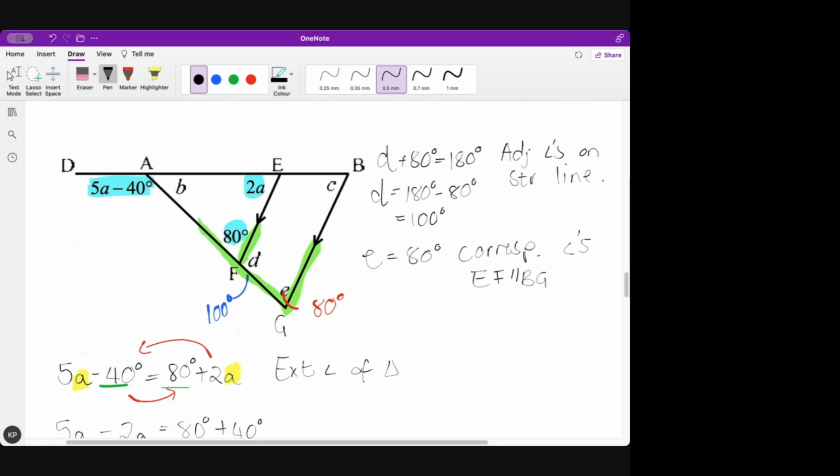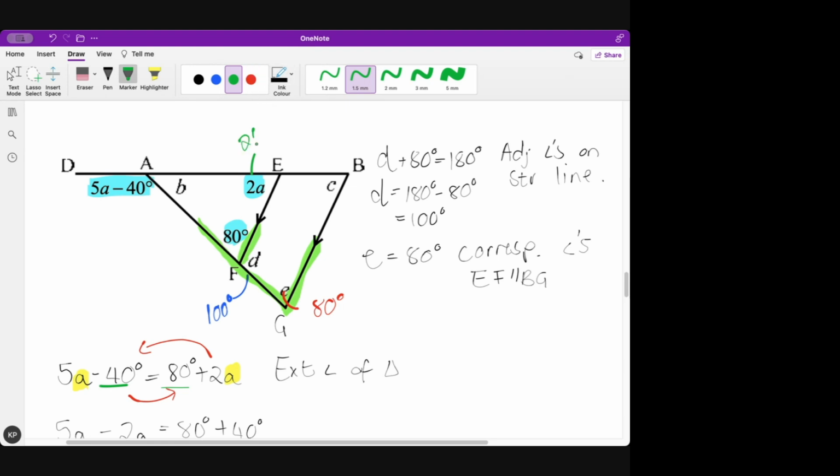But 40 degrees is not your angle. Can you guys tell me what is this angle over here? We know A is 40 degrees, but what is that angle? Nice. It is 2A.